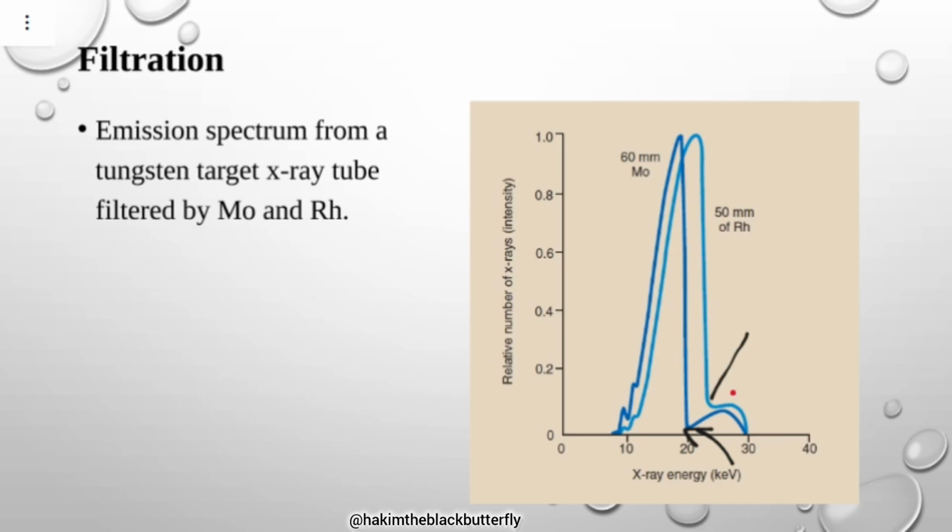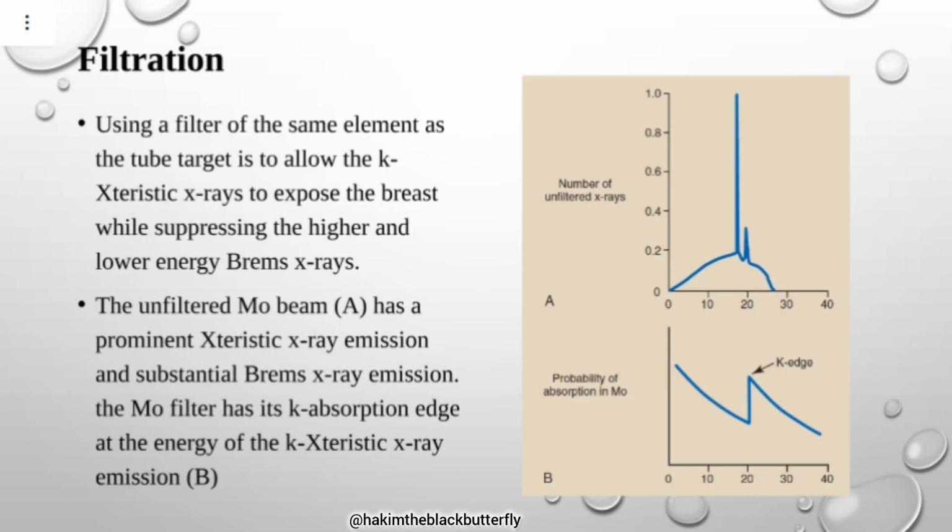Suppression at about 24 kiloelectron volts, that is rhodium. Using a filter of the same element as the tube target allows the K characteristic X-rays to expose the breast while suppressing the higher and the lower Bremsstrahlung X-rays.